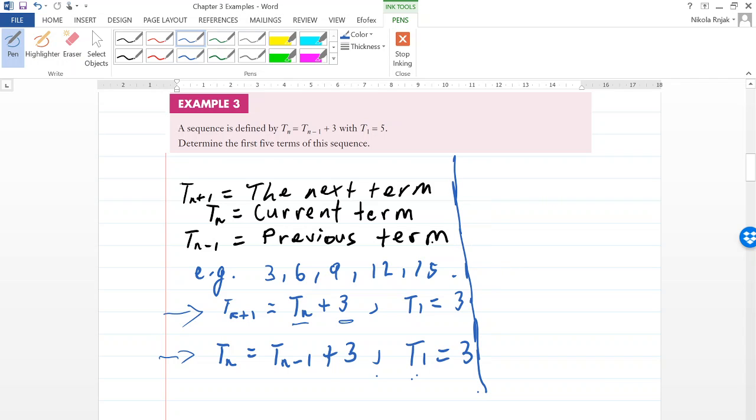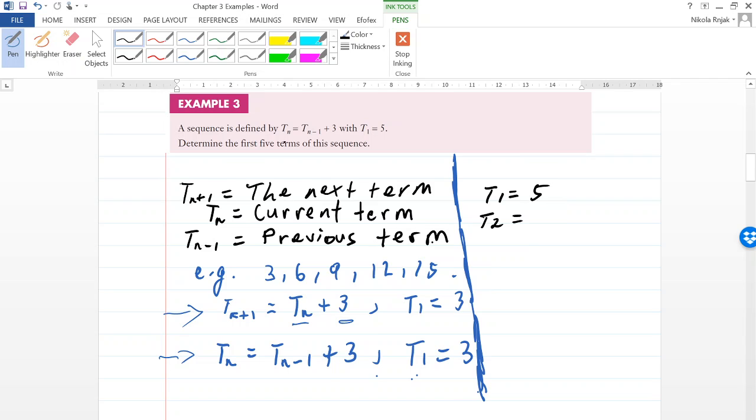So example 3 now. I'm just going to keep this to the side. Determine the first 5 terms of this sequence. Okay, so we know that T1 is equal to 5. T2, so the second term, is equal to the previous term, add 3.